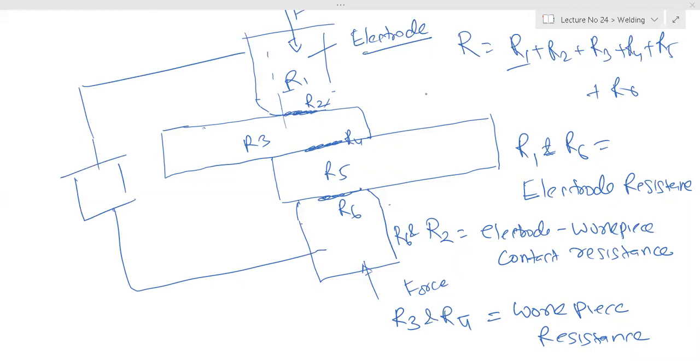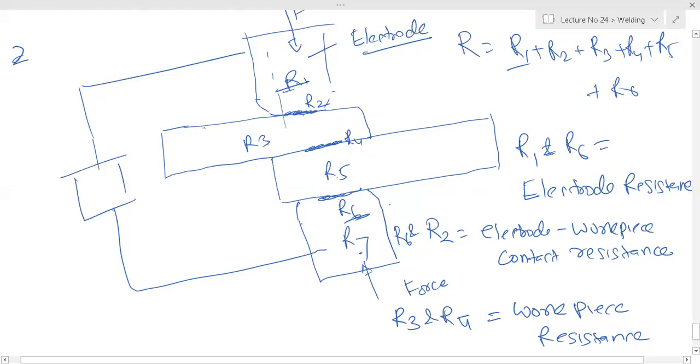R7, where is the R7? Already R6 and what is that? You have two electrodes. So two electrodes, that is R1 and R6. R7 is also there. One minute, R1, R2, R3, R4, R5, R6, R7. Fine. So plus R7.